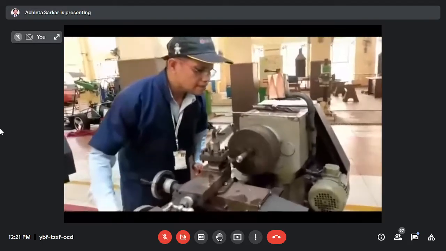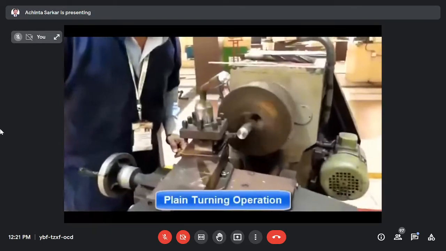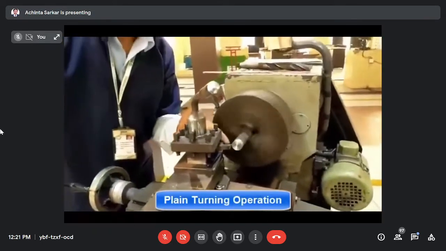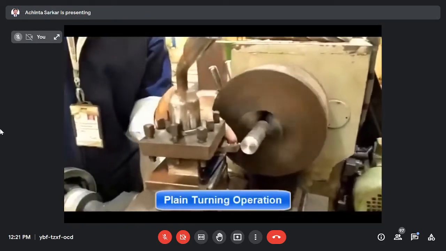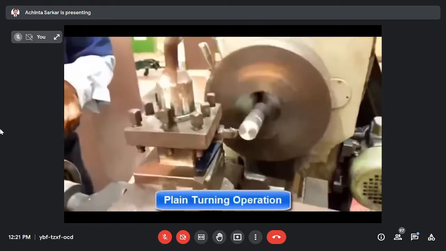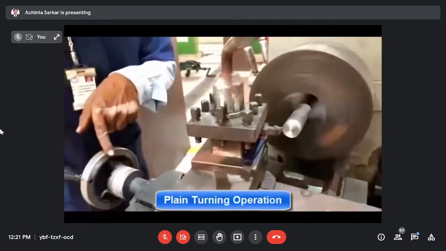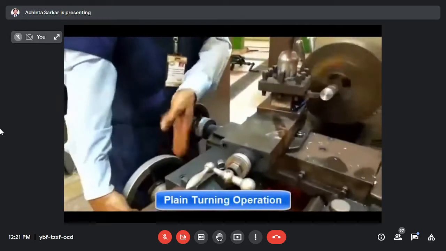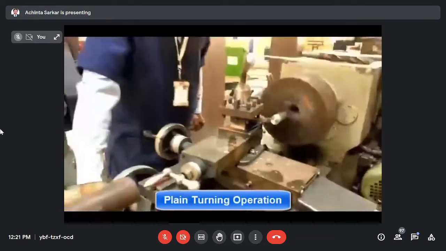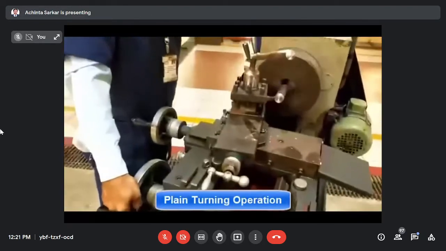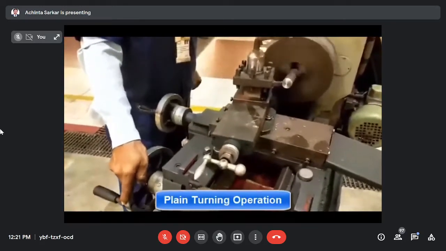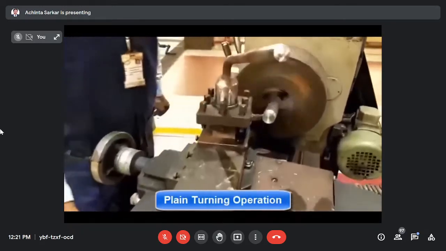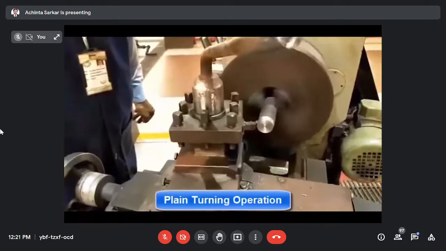Now starting, we have to start the cutting point from the end of the workpiece. At that time, the cross slide will be constant or fixed, and your carriage will be rotated anti-clockwise slowly, very slowly, towards the marking, that is 30 mm.